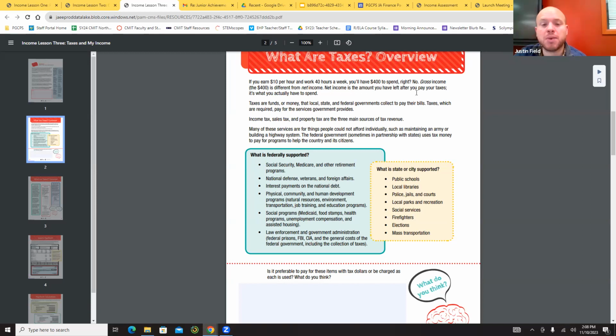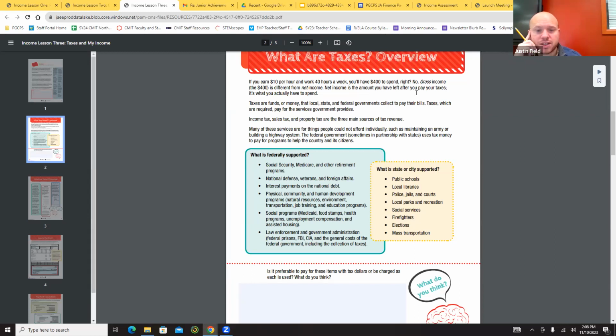Taxes are funds or money that local, state, and federal governments collect to pay their bills. Taxes, which are required, pay for the services government provides. The income tax, sales tax, and property tax are 3 main sources of tax revenue.